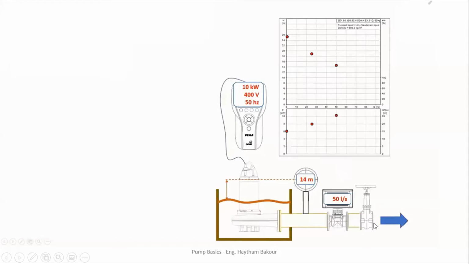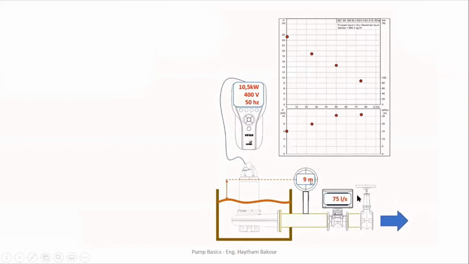Then we increase the valve opening, so we reach 50 liters per second, and we have 14 meters, and we have 10 kilowatts. Then we draw the new points here: 14 meters, and the flow rate is 50 liters per second, and we add them to reach 10 kilowatts.